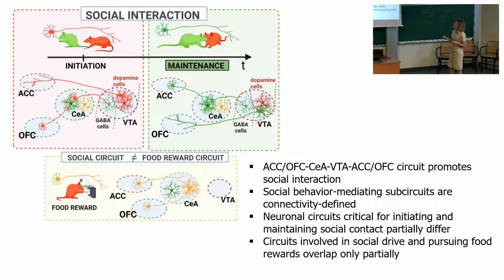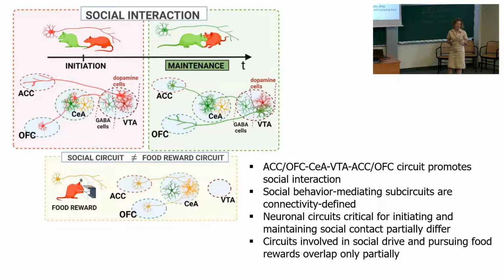We have slightly different neuronal circuits for initiating and maintaining social contact, and the circuits that are involved in social drive and pursuing food rewards overlap only partially. So there is some overlap, but it's not complete.